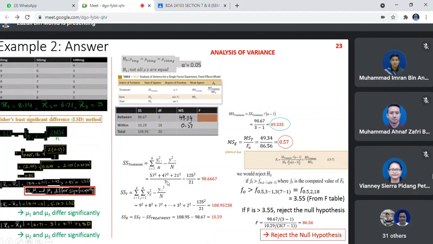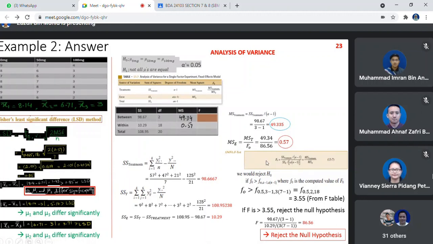The SS treatment is 98.67, SST is 108, SSE is 10.29, and then you can calculate the F0.